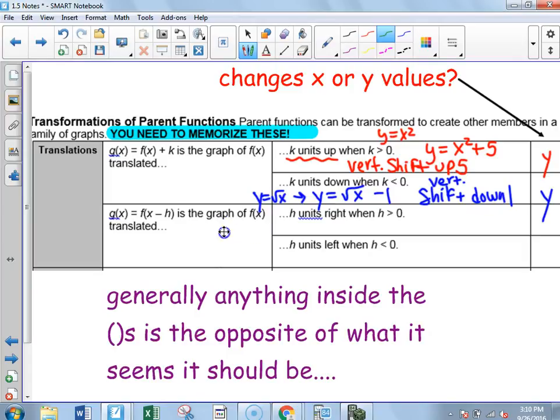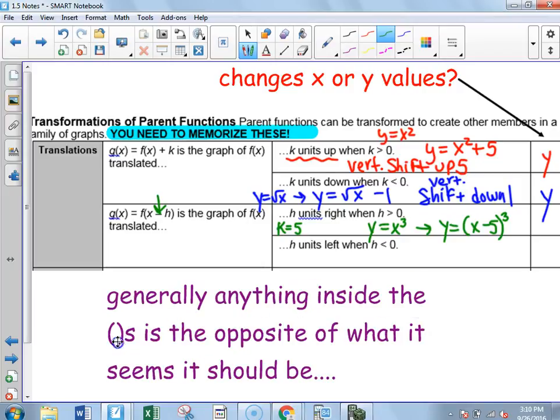All right. If I had inside onto the x directly, for example, y equals x cubed became y equals x minus 5 quantity cubed. Now, the minus came with this, so even though it says minus 5, it's actually 5, so it shifts to the right 5. Here's my generalization, guys.